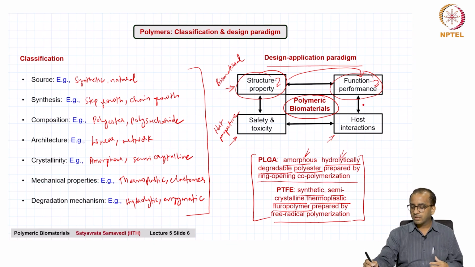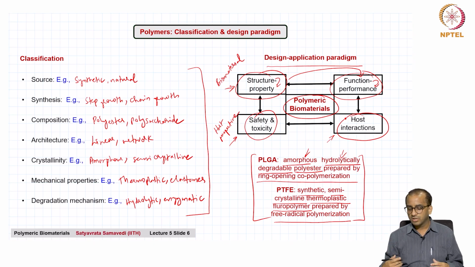You can talk about safety and toxicity, largely guided by structure and function, and host interactions guided by function and performance. So, safety and toxicity go hand in hand with structure property, host interactions go with function and performance.